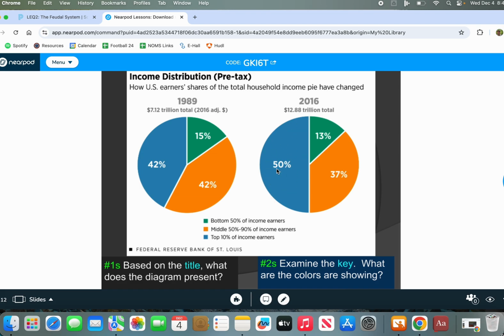50% of that is coming from the top 10% of income earners. So people that are making a lot of money, they're making 50% of this. So this only leaves 6 trillion left for this side, okay?